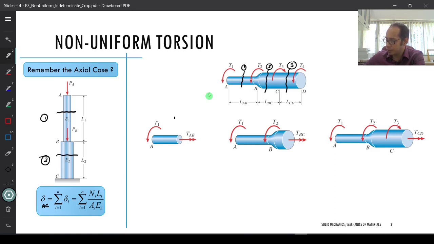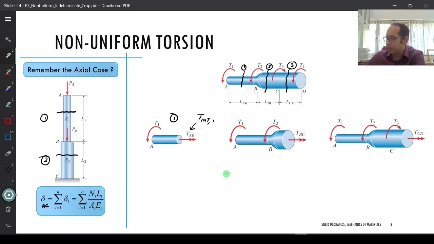For the first one, I can draw the free body diagram. If I separate out this part over here, on the left I have a T1, and suppose the internal torque, let me call it T_int just for the sake of discussion. So the internal torque T_int in section 1 is TAB.